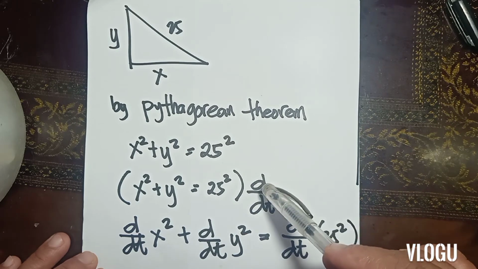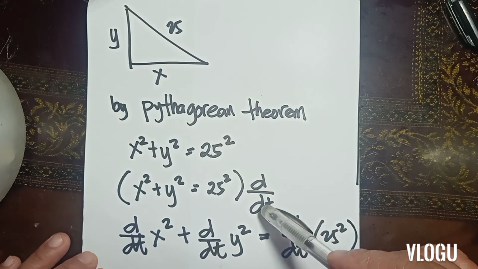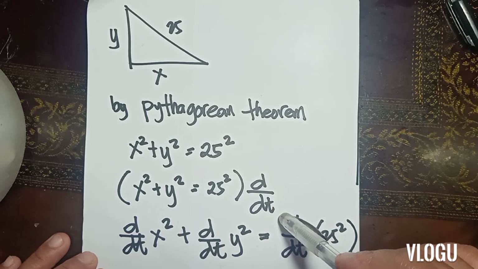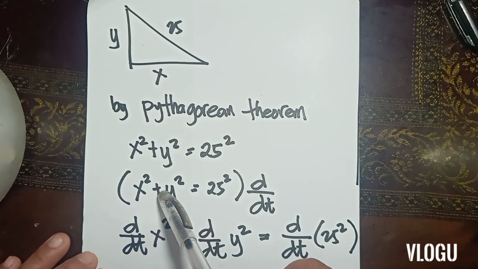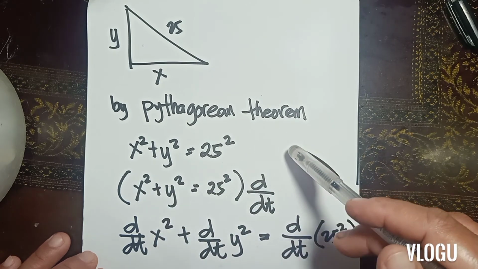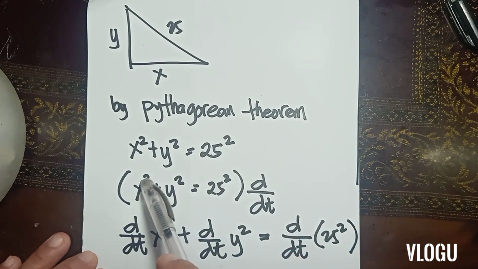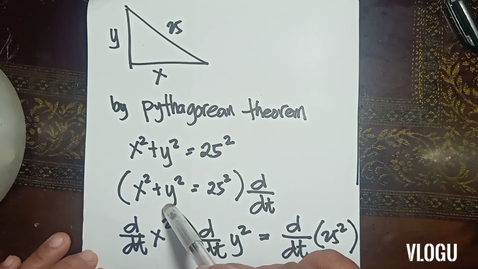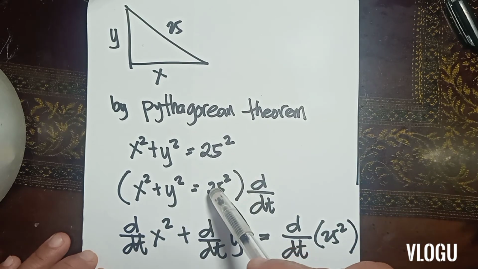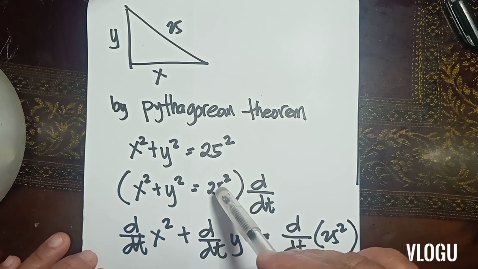Then we are going to find the derivative of both sides with respect to time. So x squared plus y squared is equal to 25. We find the derivative of x and the derivative of y because those are changing, while the ladder is not changing, so that is constant.